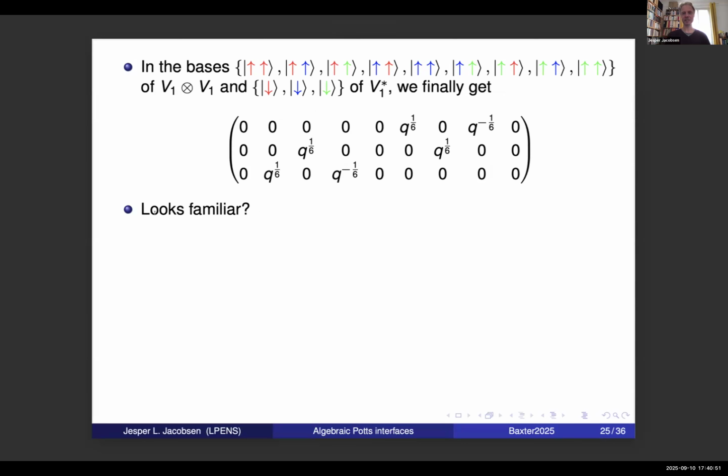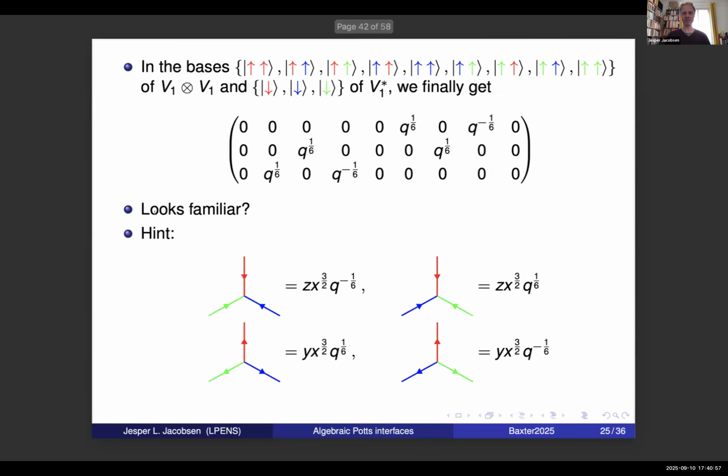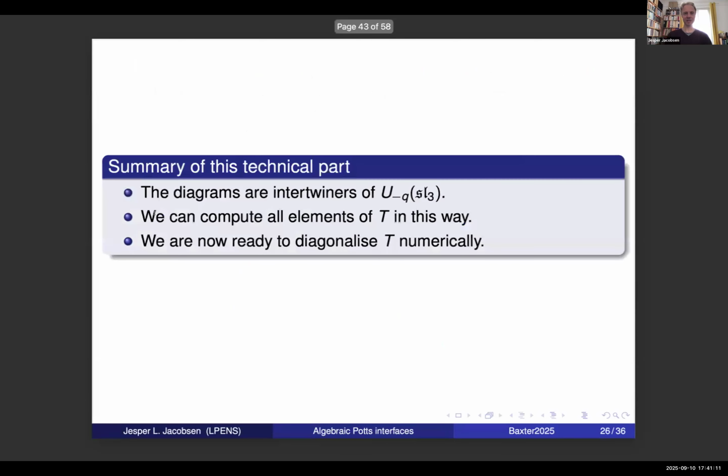And you see that it has 6 non-zero entries, which are q to the power plus and minus 1/6. And that looks familiar, of course, because those are precisely the q to the plus minus 1/6 that I showed you before. So this is basically where it comes from. So that was a small technical part.